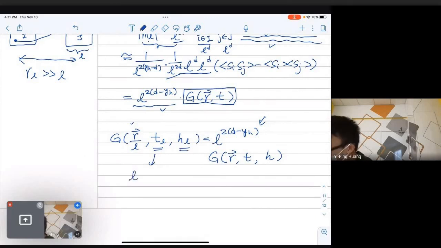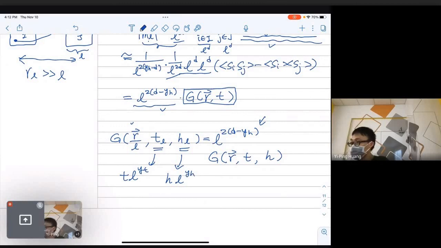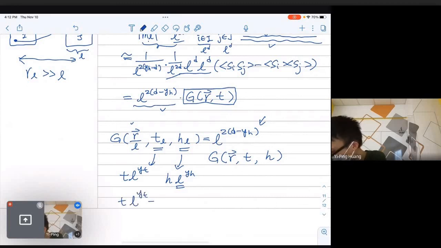Basically, t_L is replaced by this, and h_L is replaced by h L^(y_h). And as we mentioned, we can arbitrarily choose L, but we can follow the previous convention that we choose L such that t L^(y_t) is equal to 1.